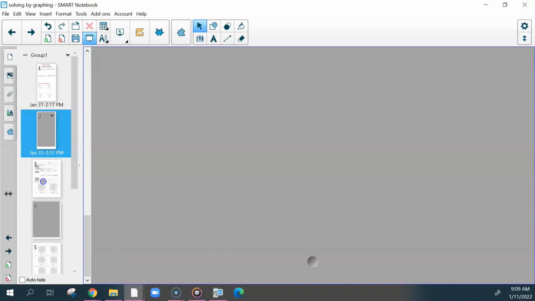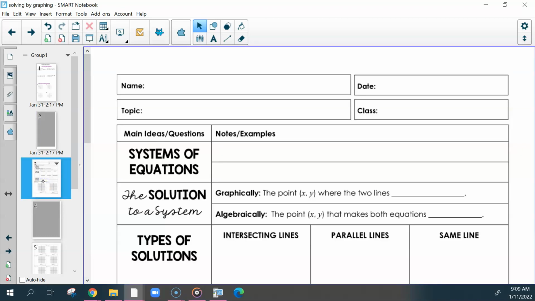Everyone should have notes on their desks that look like this. We're going to start those today. Make sure you have them in front of you.